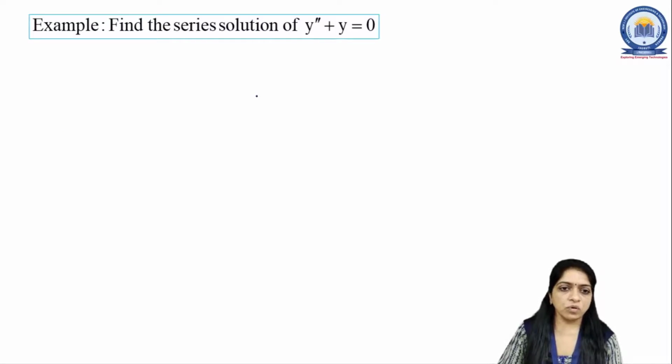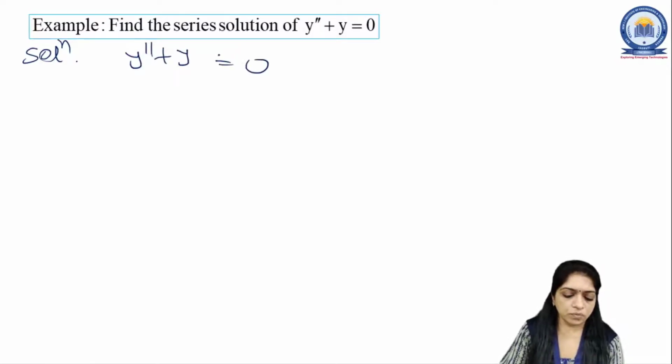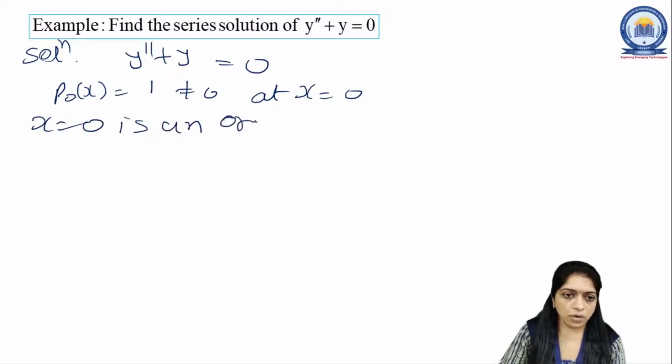Let's move with one more example, and that is to find the series solution of y double dash plus y equal to 0. Here your p0x is equal to 1, which is not equal to 0 at x equal to 0. So x equal to 0 is an ordinary point.